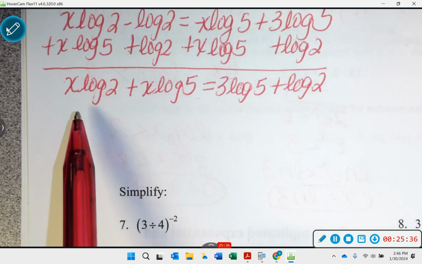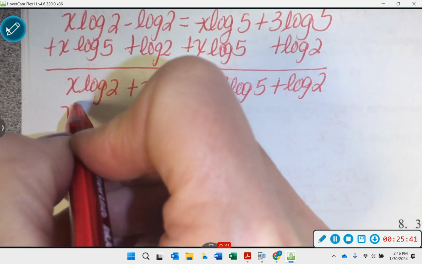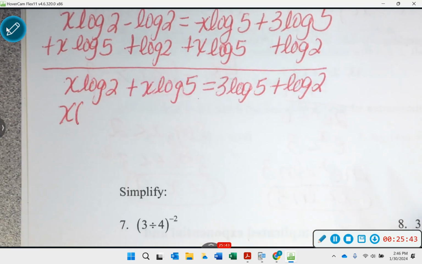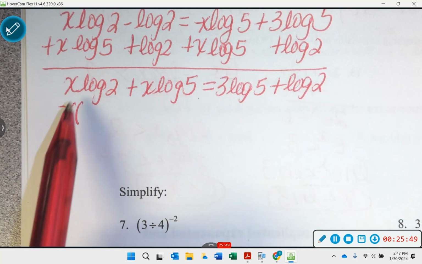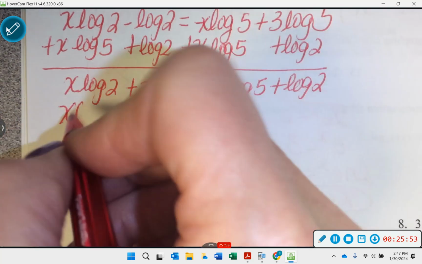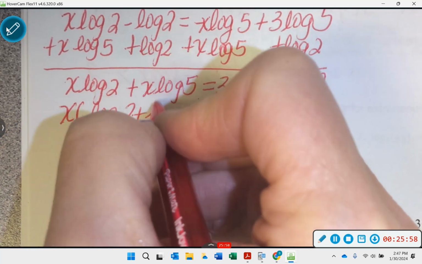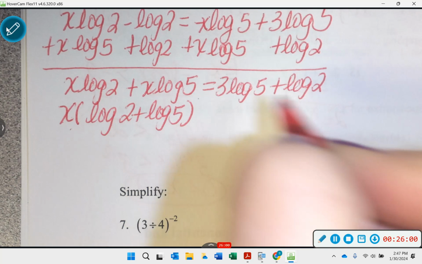Factor out an x. Yeah, like a GCF, just factor out the x. So what are we left with if we factor out the x? Log 2 plus log 5, right?